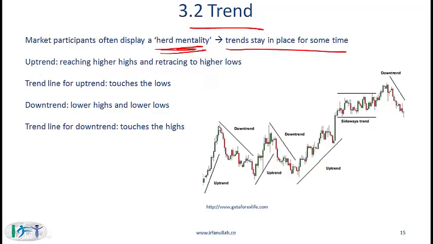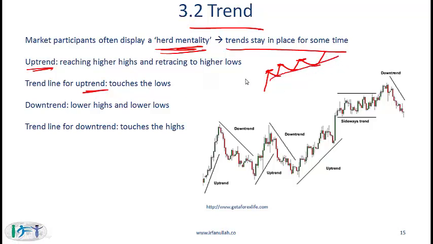When stocks are going up, we say we have an uptrend. An uptrend is where we have a situation like this, where the highs are reaching new highs and the lows are also ending up higher. If we are to draw a trend line for an uptrend, we need to touch all the lows.